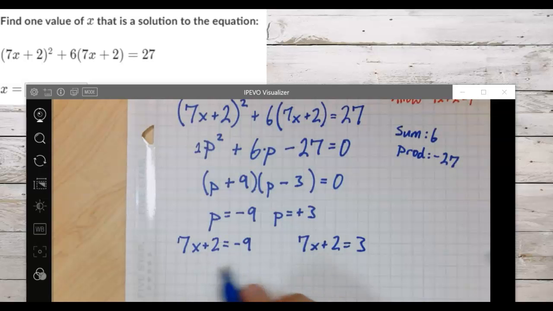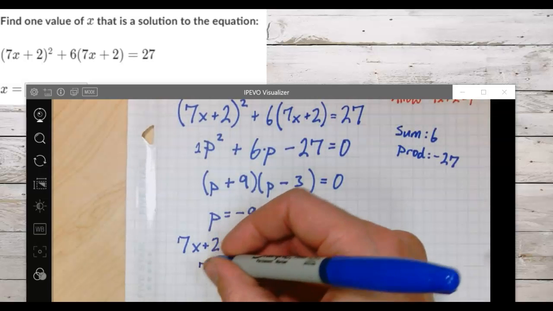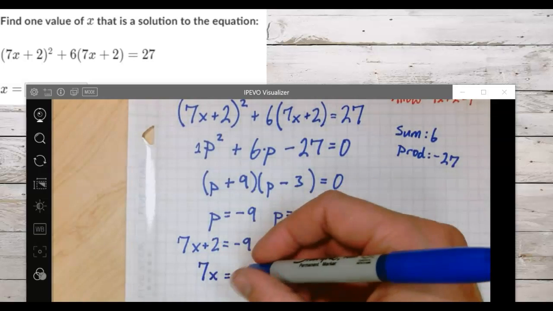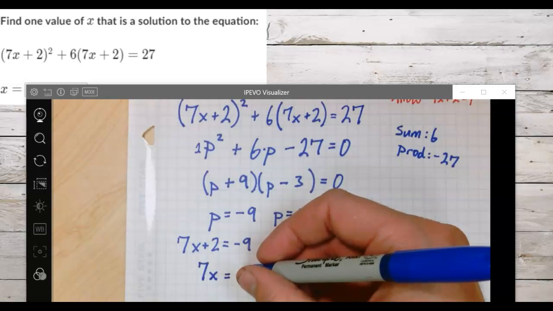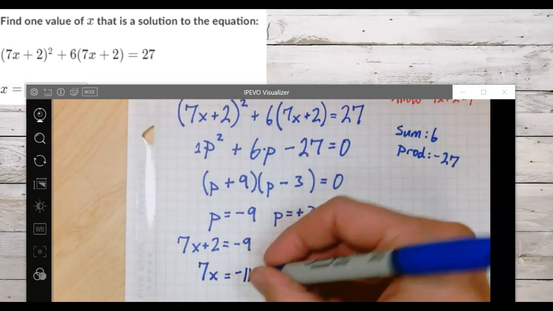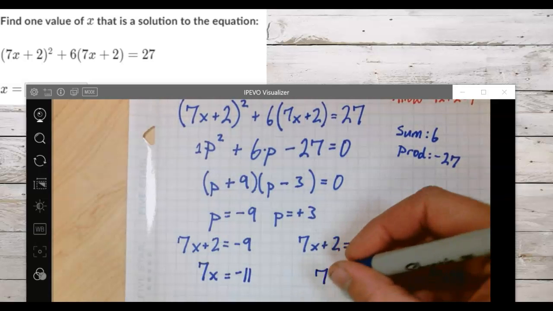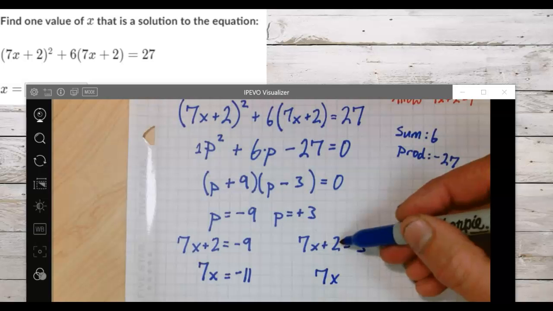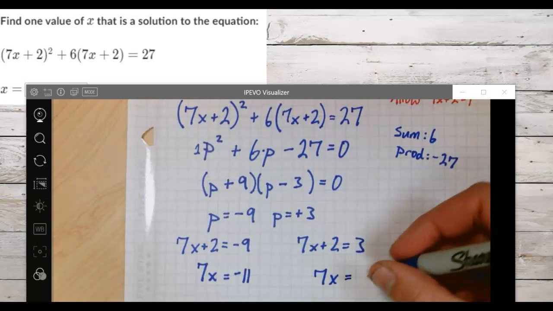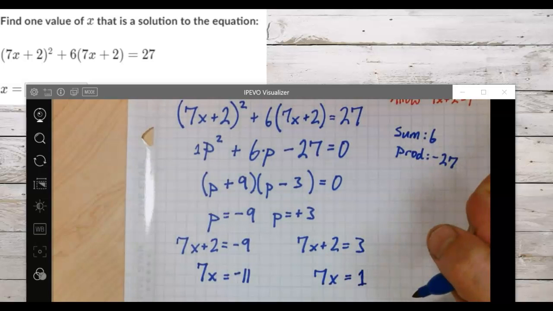I can subtract 2 over here. We get 7x. I want to play tricks on you guys, but I'll just go ahead and write the right number. 7x equals -11. And over here, 7x, if I subtract 2, equals 1.